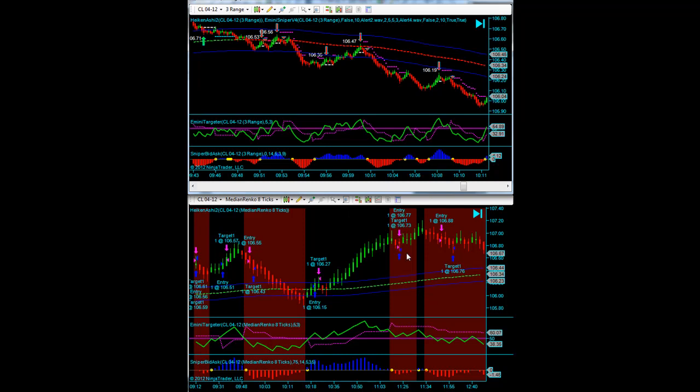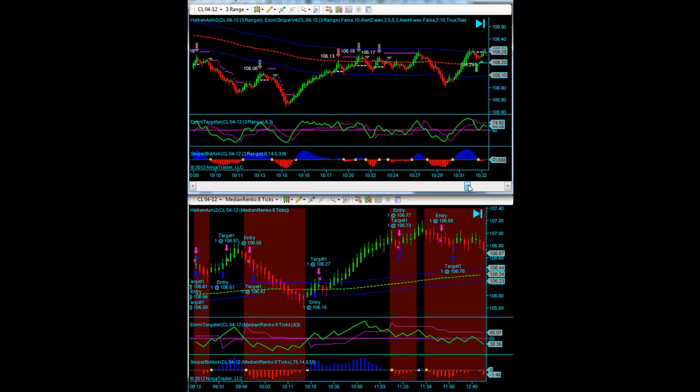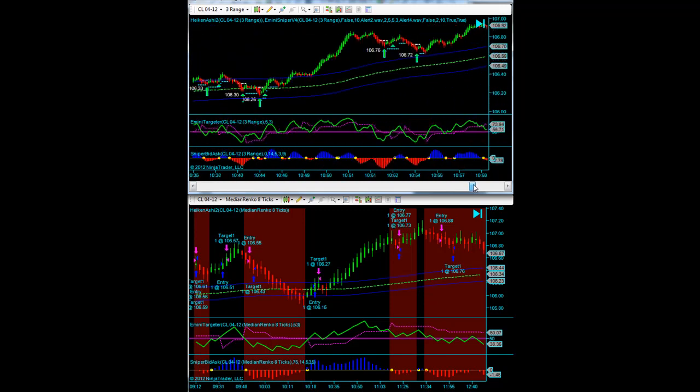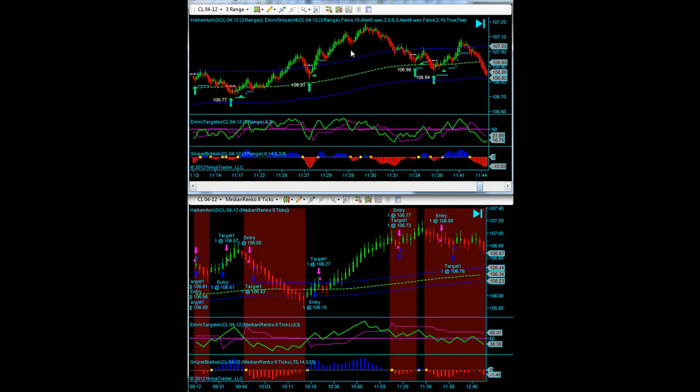So as far as a short at around 11:30, we will look at that time. So that is in this area here. We have the things that we like to look for as far as a reversal. We have our downside divergence that we can see with bid ask and targeter both showing the same thing.